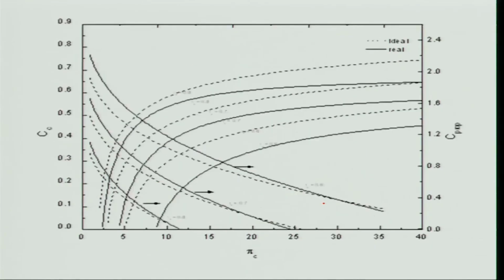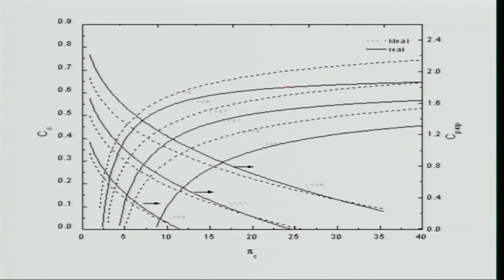And if you look at the CC, the core engine, you will find that CC goes on increasing with the pressure ratio and reaches a certain value at the higher pressure ratio across the compression.